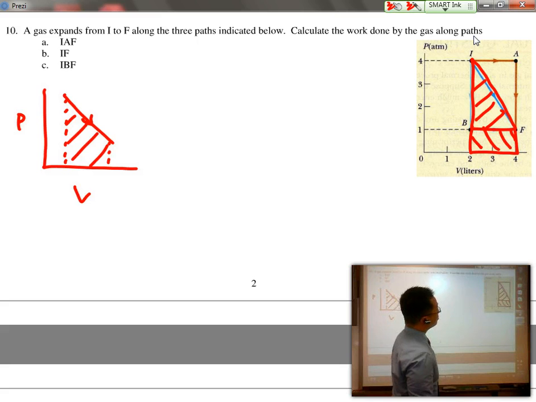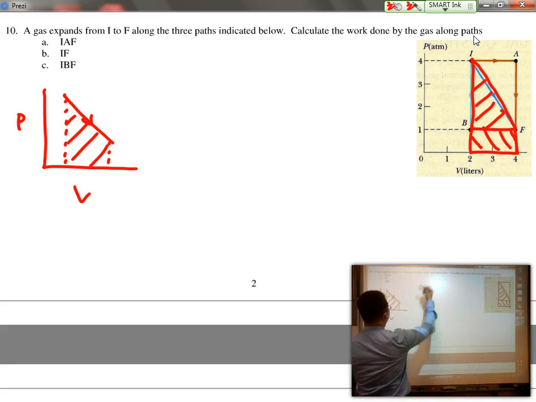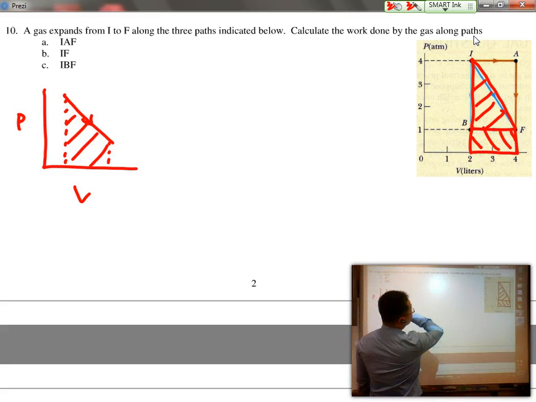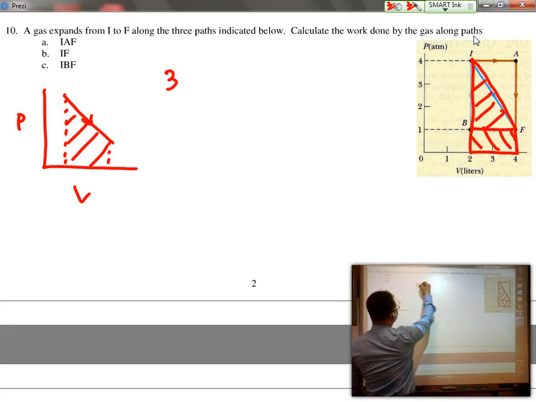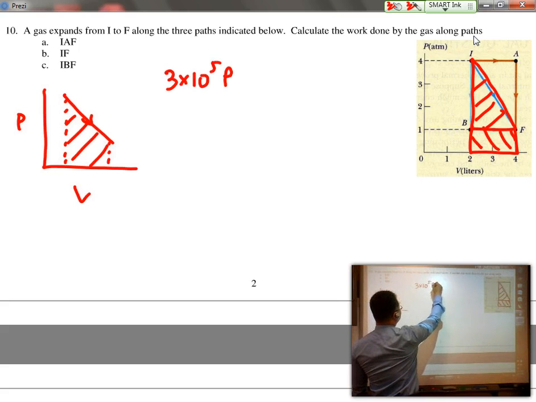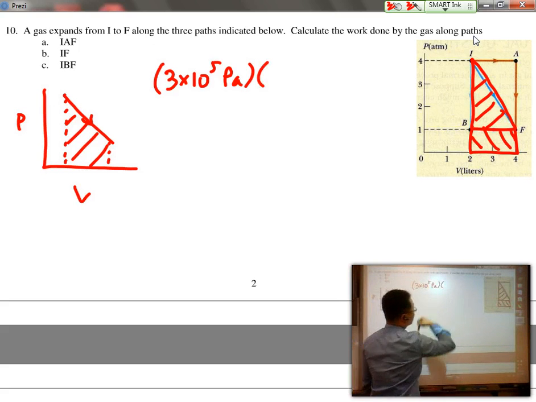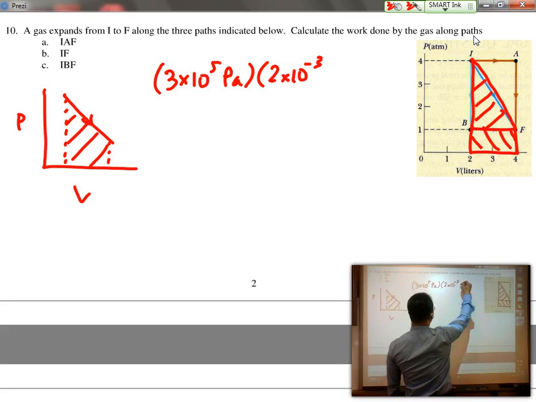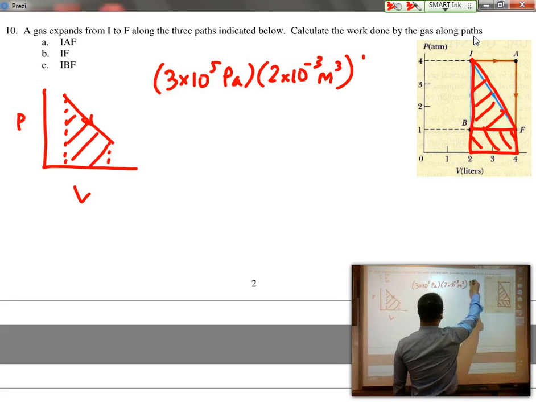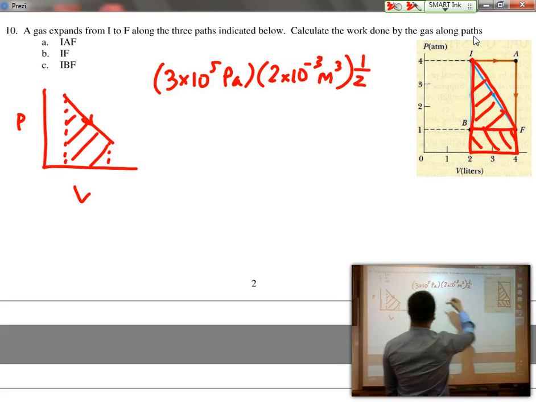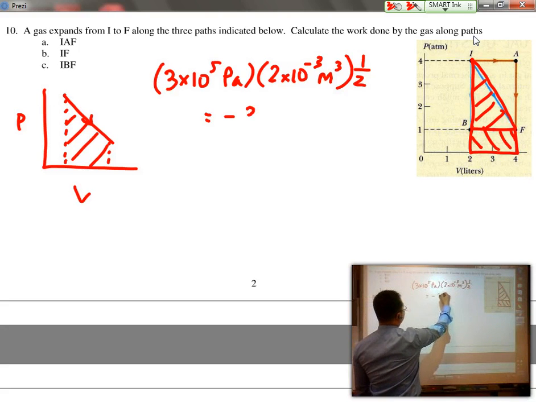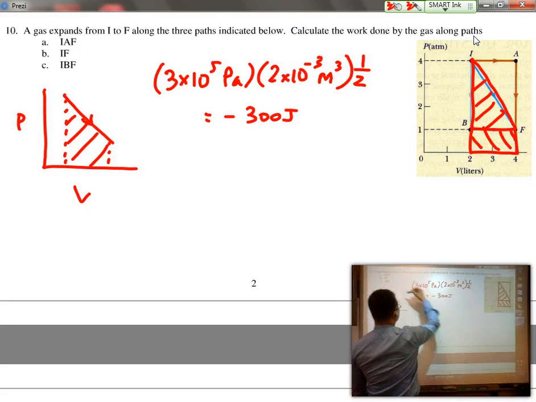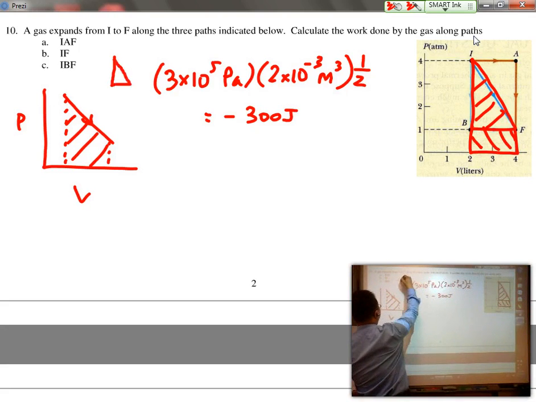So the triangle for the first part would be, let's see, you have a total height of 3 times 10 to the 5th pascals times a base of 2 times 10 to the negative 3rd meters cubed times 1/2, of course, and this would equal negative 300 joules. So this is for the triangle.